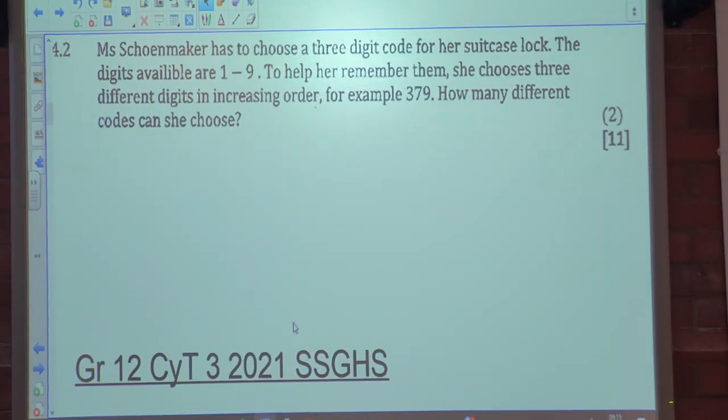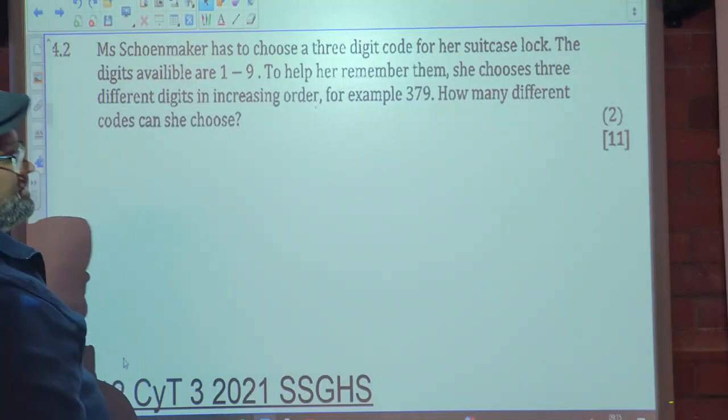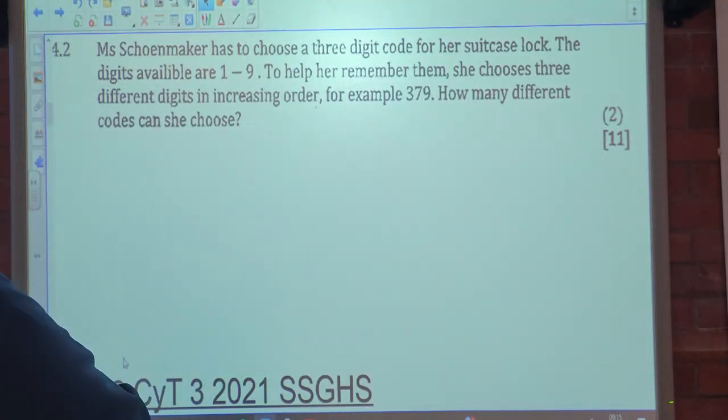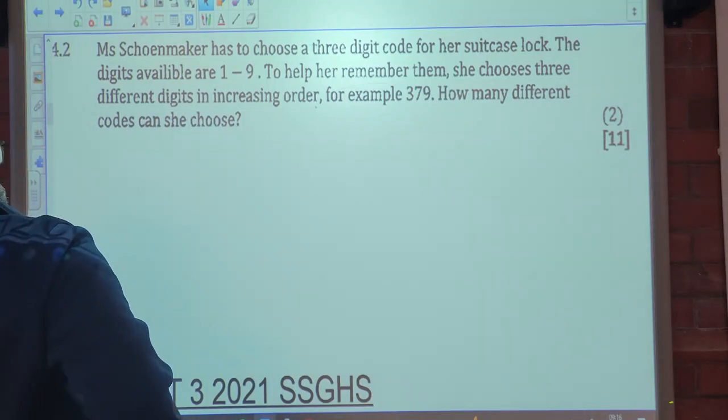Okay, so with regards to 4.2, as you know, the bell. Alright, so to help remember, she chooses 3 different digits in increasing order. So that is from smallest to biggest. For example, she got 379. How many different codes can she choose?